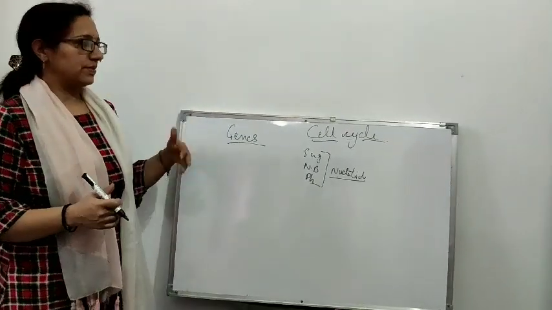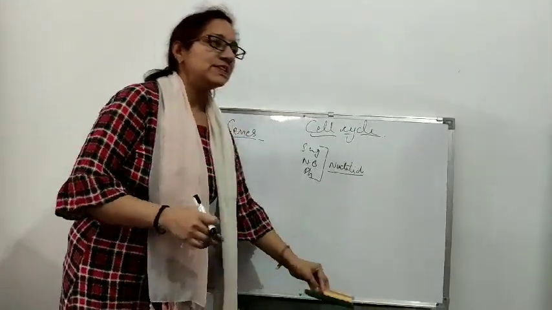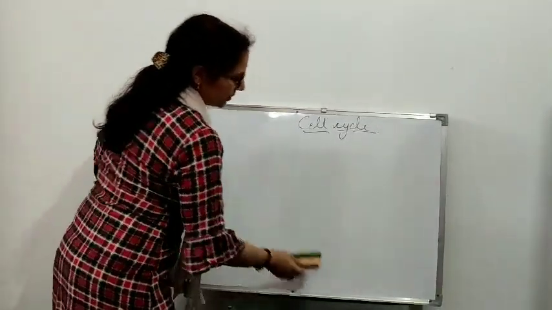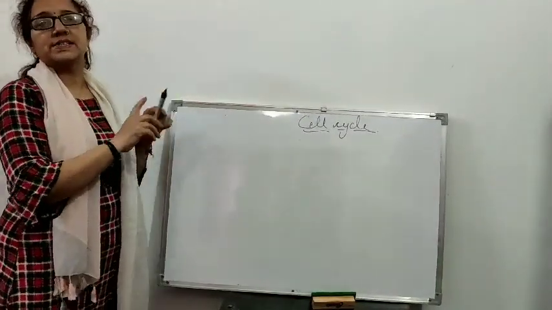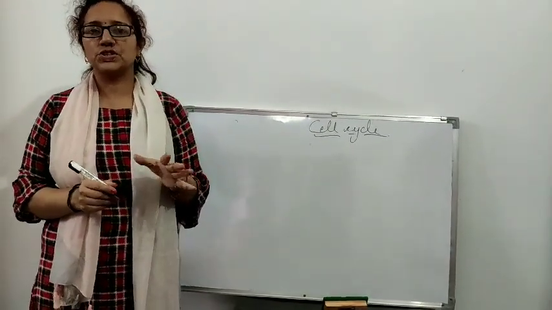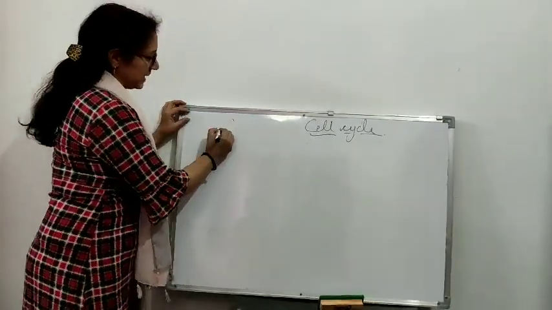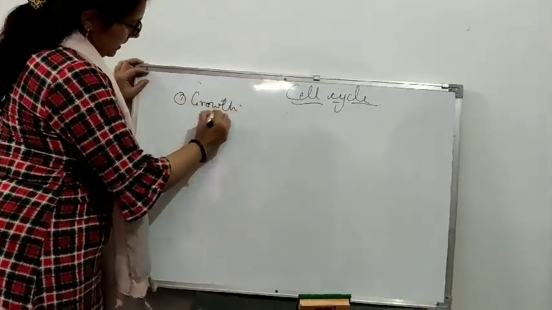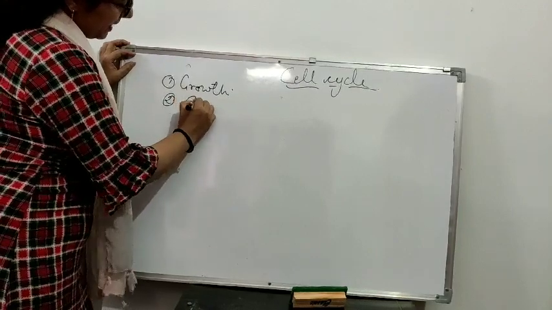Now, next we will move to the cell cycle. I am not starting the cell cycle straight away. I will first tell you why the cell needs to divide. There are four things for which the cell needs to divide. First one is growth. Second one is repair.